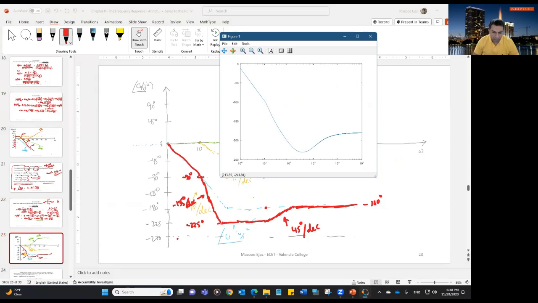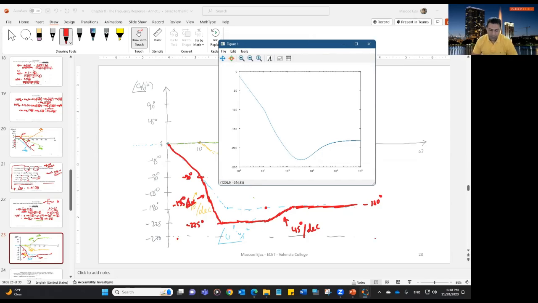We are not showing any curve because, again, ours is approximate. This is exact, and it's going to go down to negative 225 or 230, whatever the angle is, and then it's going to go up again and go to negative 180. So, yeah, our approximate curve is correct. And this is the exact one, as you can see on the screen. And this is your Bode plot, which is approximate. So you can do both of them.